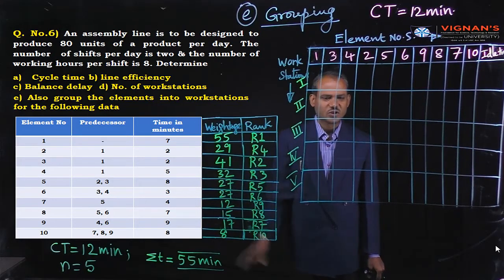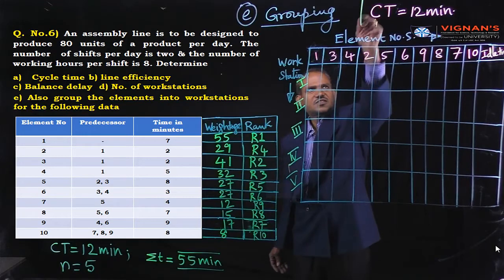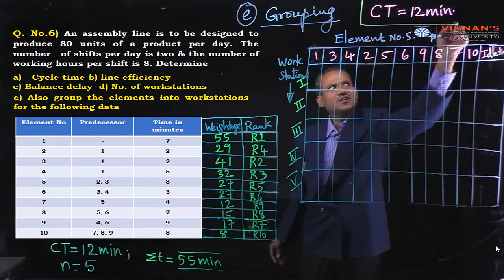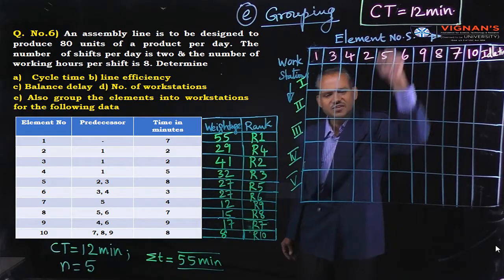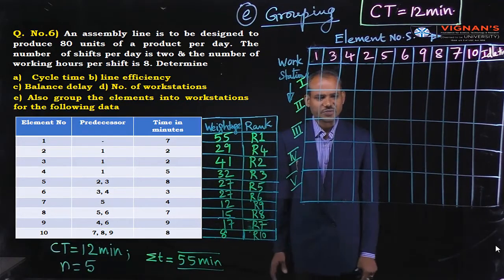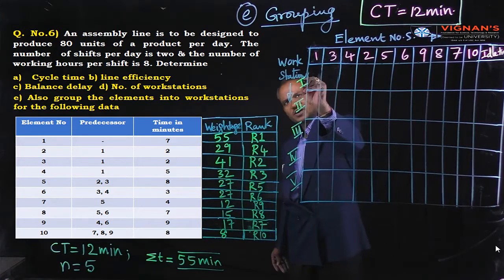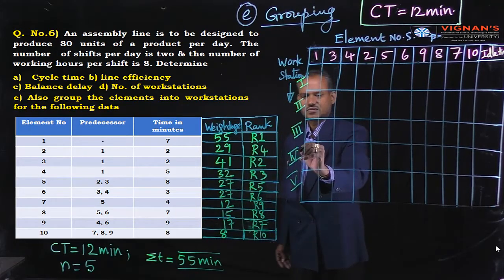Cycle time is 12 minutes. I have written that here also. This is very important for grouping of elements into workstations. That's why I have written CT, cycle time, is 12 minutes. Number of workstations is 5, that's why 1, 2, 3, 4, 5.